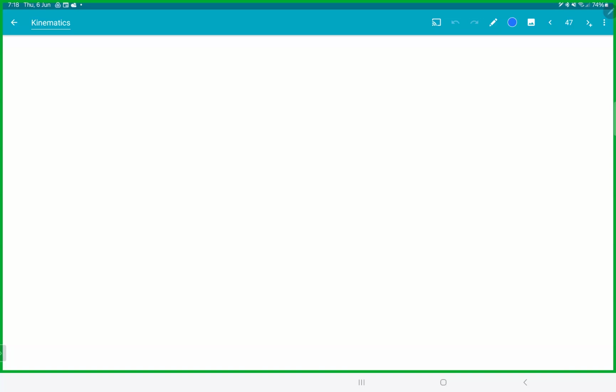Next thing, uniformly accelerated motion. This is something which you have done in foundation also. I hope this time there are no doubts on the paper. Did you find any corrections? So what is uniformly accelerated motion? In a uniformly accelerated motion, we take the acceleration to be constant.